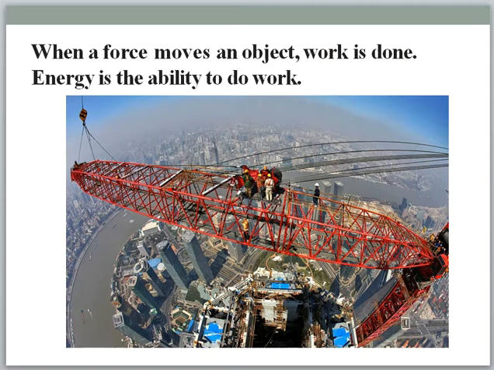Now, we've talked about forces and we've talked about work. We know that force is mass times acceleration. If I'm going to accelerate a mass, then I've got to exert a force on it. The larger the force, the quicker it can accelerate a particular mass. When a force moves an object, work is done.